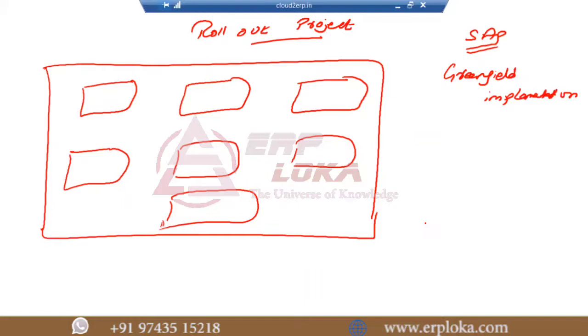So when you go for Greenfield implementation, this is your plant 1, plant 2, plant 3, plant 4, plant 5, plant 6, and plant 7. The configuration steps, the configuration topics, everything will remain the same. But the difference with rollout is you are going to implement SAP only in one plant.